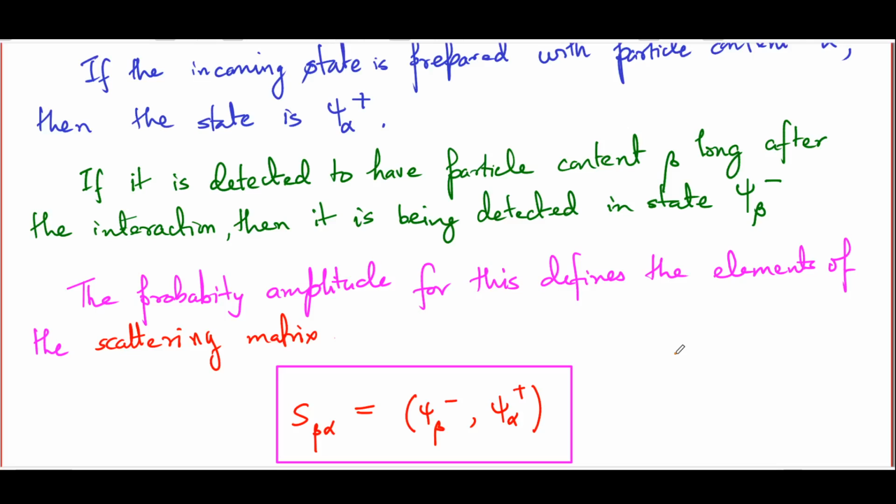We are saying that the system is in psi alpha plus, and we are trying to detect whether it is in psi beta minus. Of course, the probability proper is the modulus square of this quantity, S beta alpha.